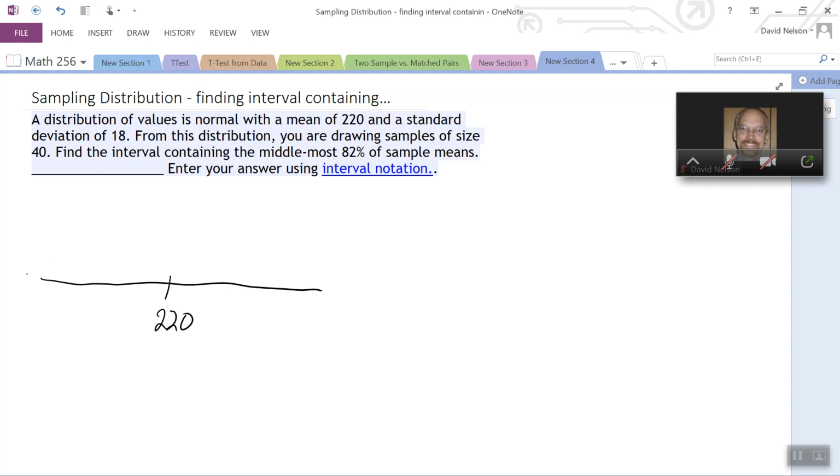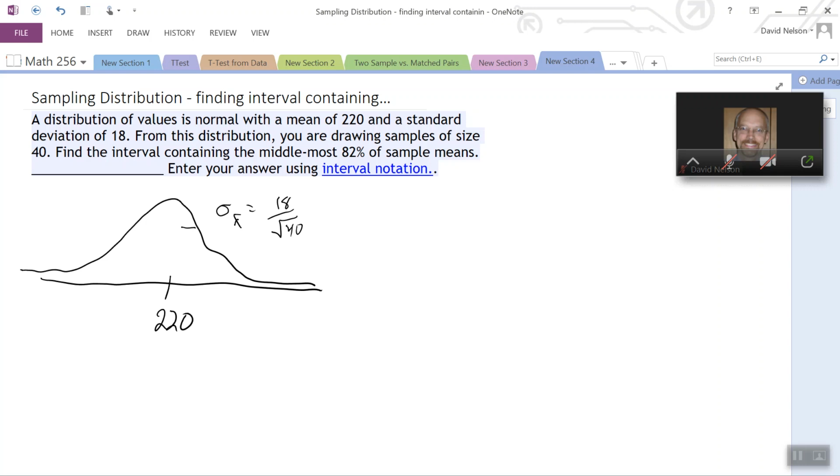But the central limit theorem tells us that this distribution will be a normal distribution with a mean of 220, and the standard deviation of the sample means will be the population standard deviation, which in this case is 18, divided by the square root of our sample size. So that will give us the standard deviation of our sampling distribution, 18 over the square root of 40.